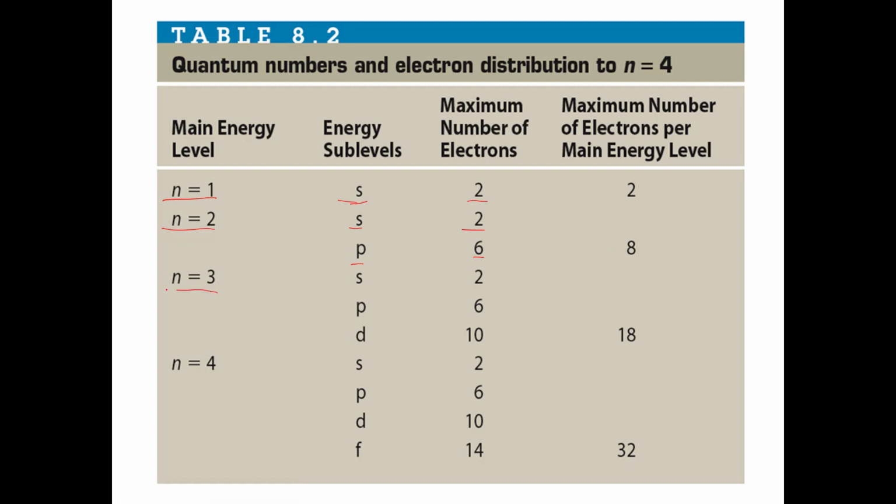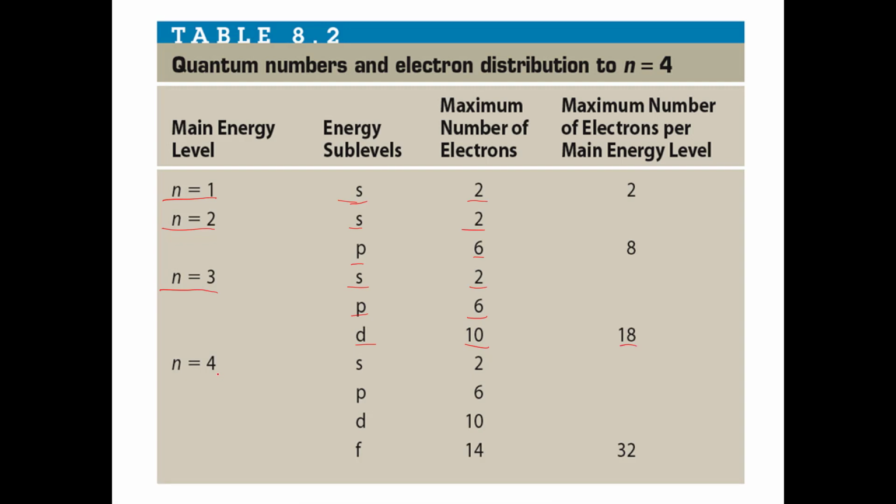Then the third energy level has 3 subshells. Remember what Schrödinger found. This has 3 subshells, S, P, D. S can hold 2, P 6, D 10. Adding all of them, for the third level of energy we have 18.